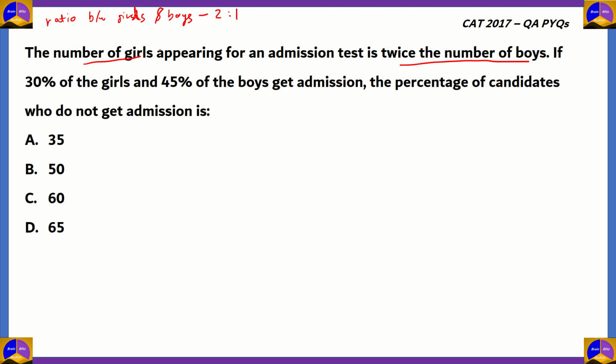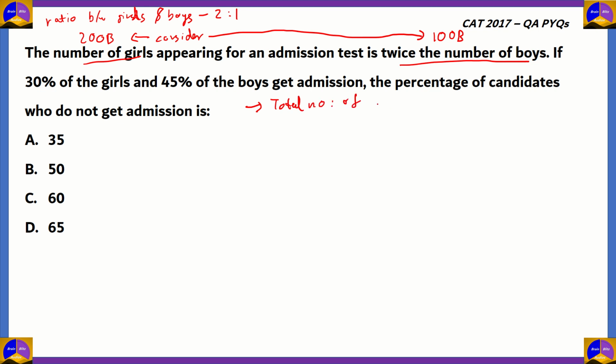Now let's consider the number of girls appearing for the admission test as 200B, and for the number of boys attending the test, let's consider that to be 100B. Now, if we are taking this convention, then the total number of candidates will be 300B.